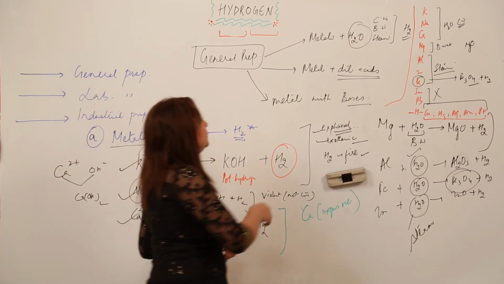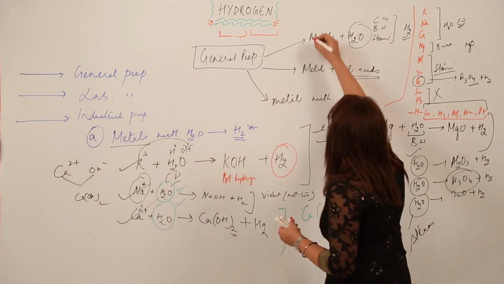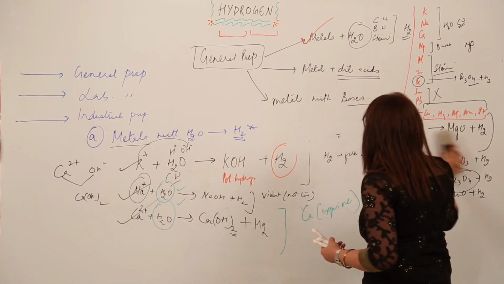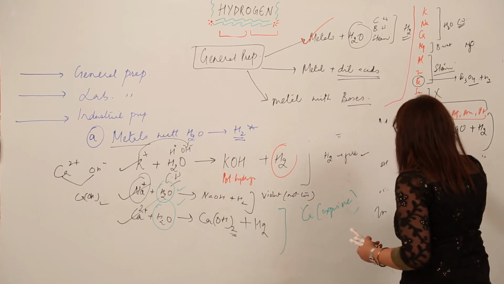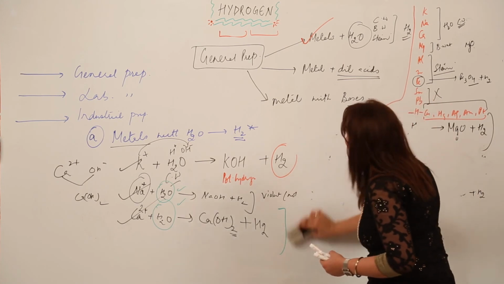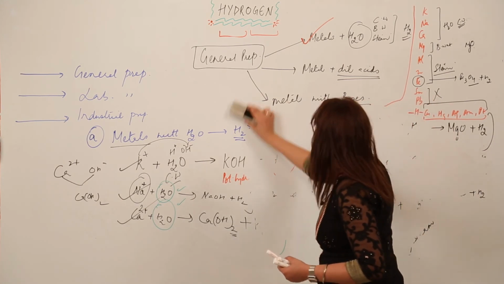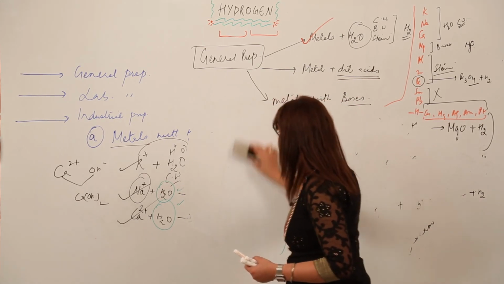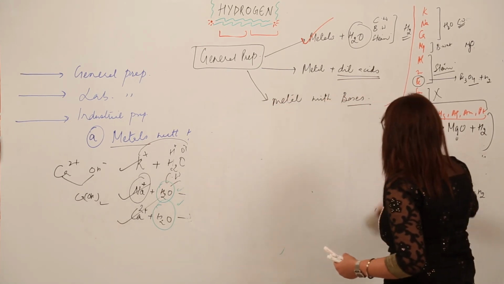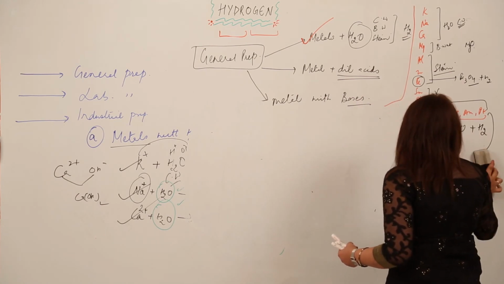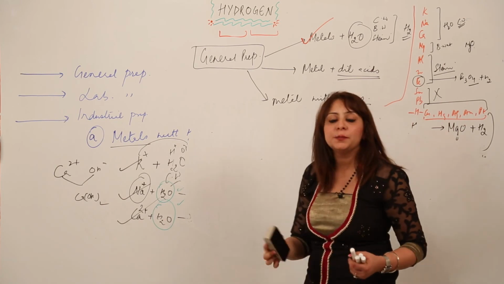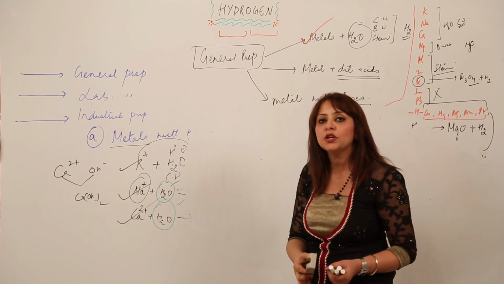So this is the first method we were discussing, the general preparation of hydrogen when metals react with water. Now we will take up the second general preparation, that is the reaction of metals with dilute acids. The reaction is going to happen in the same way, as they were displacing hydrogen and combining with the hydroxide in that case.